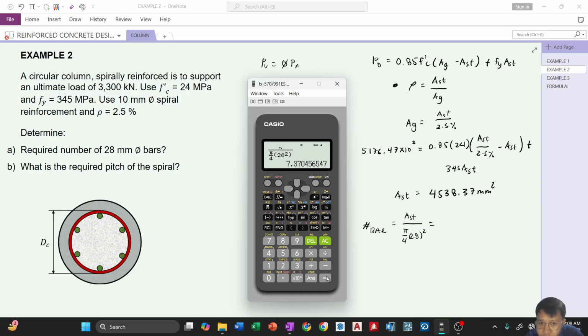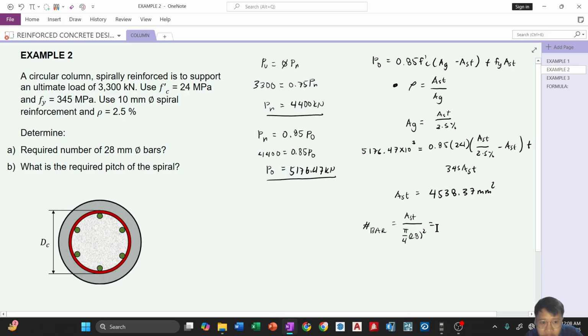Okay, 7.37. Alright, 7.37 pieces or approximately 8 pieces. Okay, so we can now box this as our final answer.